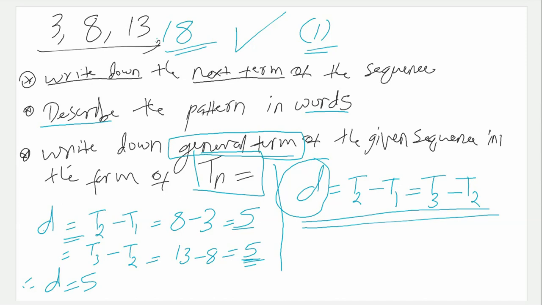Please always follow the instructions. Do not write other things if they didn't tell you to write that. So here, as you can see, they gave you the format for writing down the answer. So your answer must start with Tn is equal to. So in your answer, you must have this.